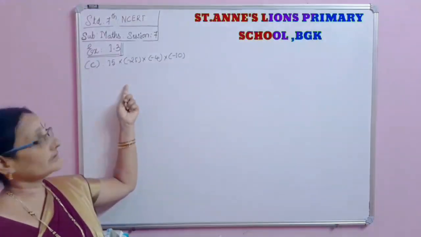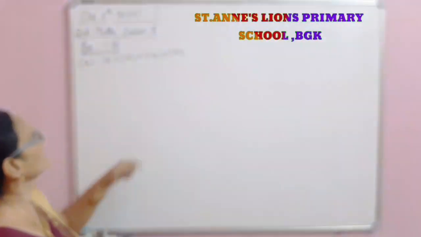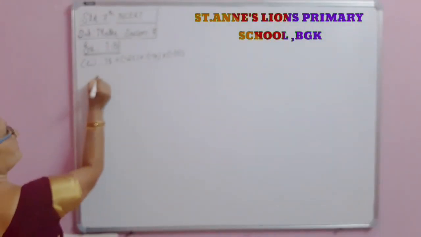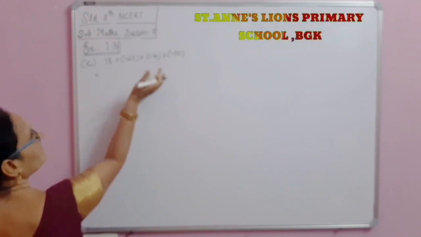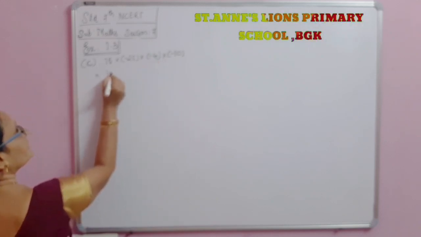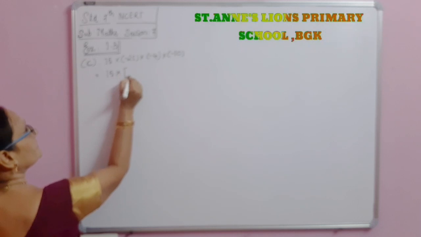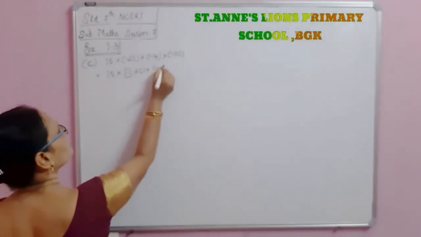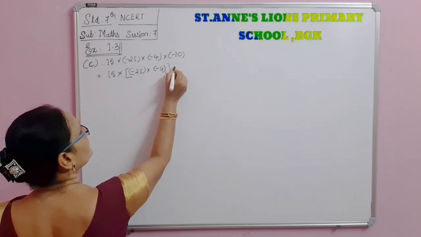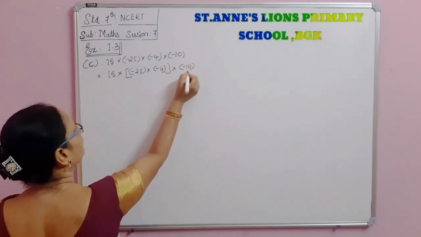Now the third problem. See here. This also is commutative. How can we do? These two we will take in the commutative form. 15 into, in bracket we will take 25 into minus 4, into minus 10.